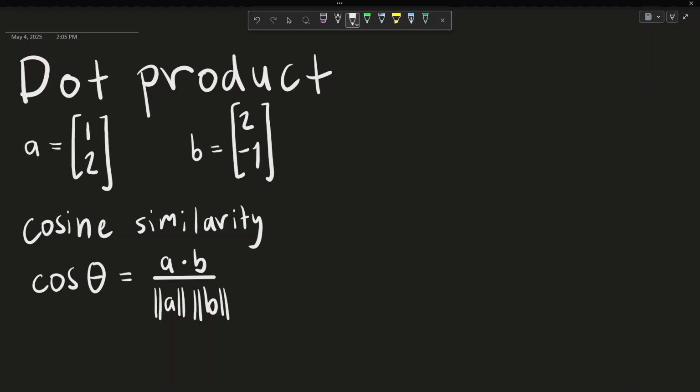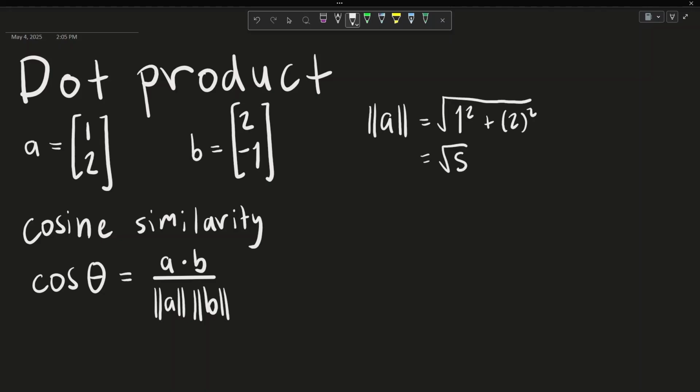If you'll remember from episode 1 of the linear algebra series, we can obtain the magnitudes of A and B using the Pythagorean theorem. So first we'll find the magnitude of A. We know that the magnitude of A is equal to the square root of 1 squared plus 2 squared, which is equal to the square root of 5.